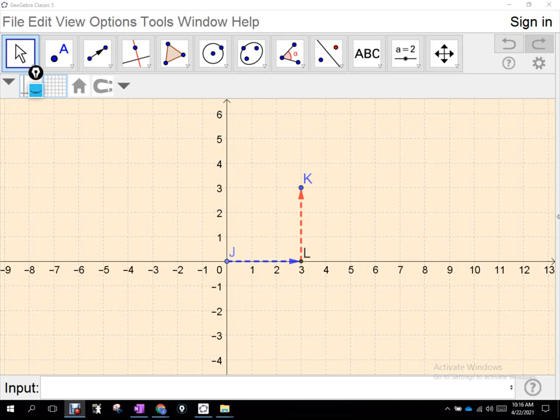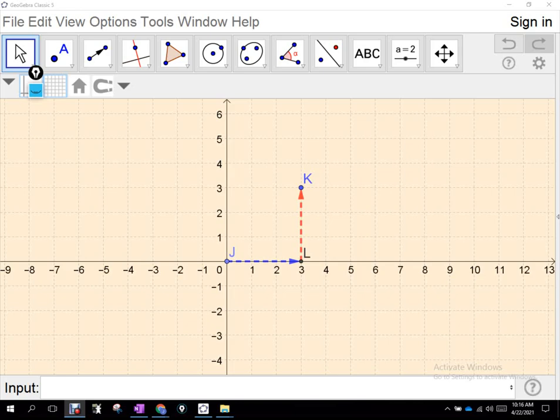So I can only move left, right, up, down. That's called a rectangular coordinate system. What's the total distance from J to K using the rectangular coordinate system? 6 units. 3 right, 3 up.